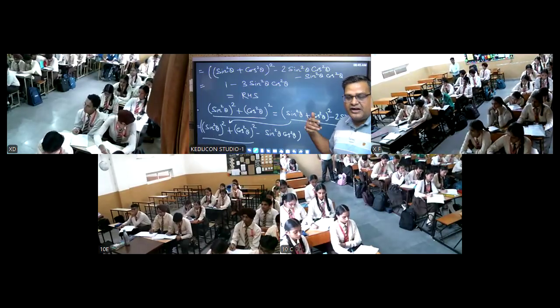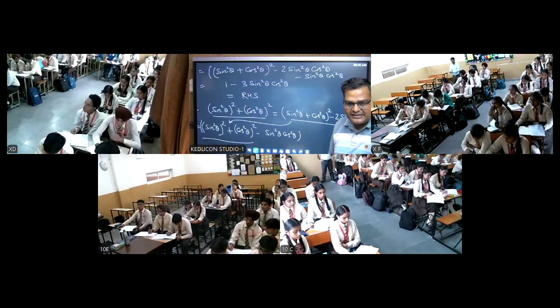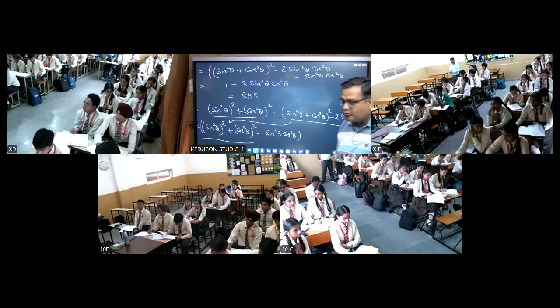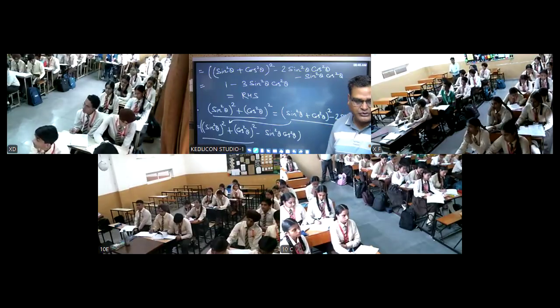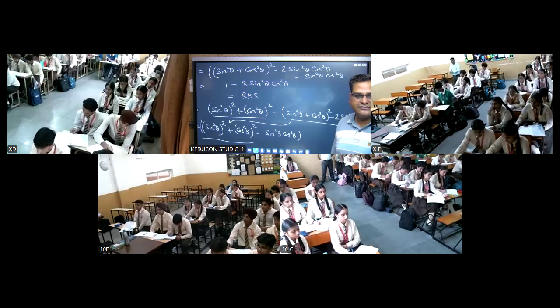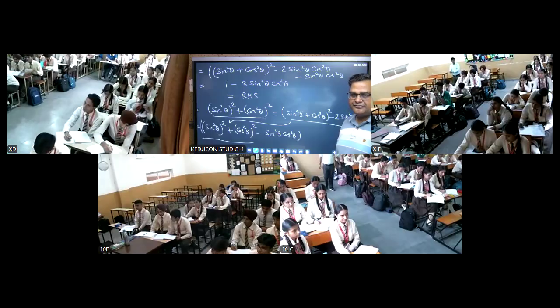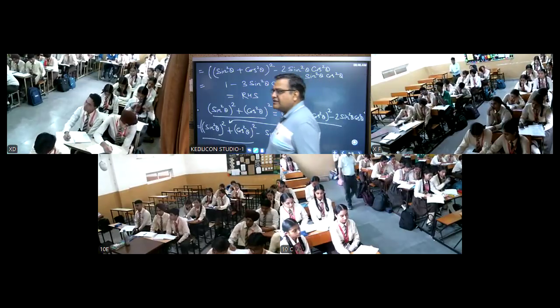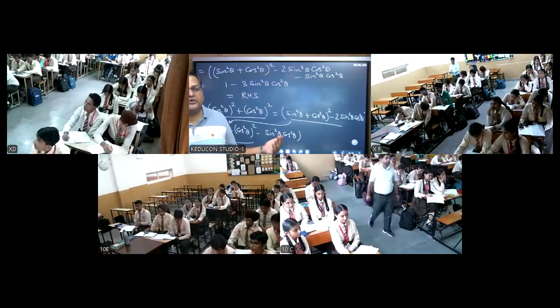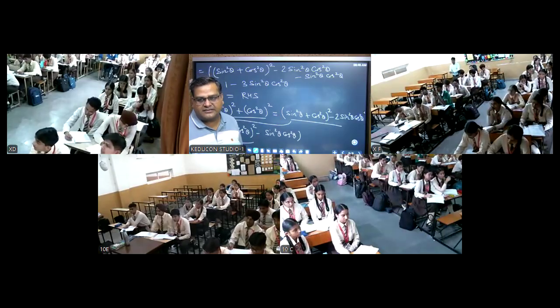In this question you have to use trigonometric identities and algebraic identities, so both things were used to prove this question. Any doubt, students? Please tell me. Anything not clear to anyone? The only thing is, you know everything, but where to apply what, that you will understand by practice.